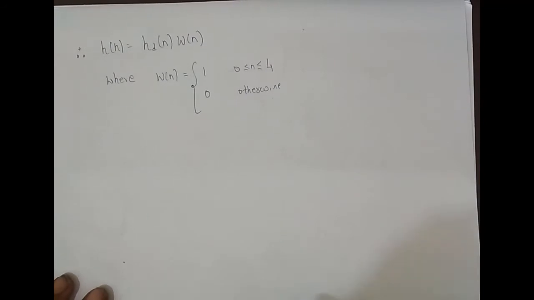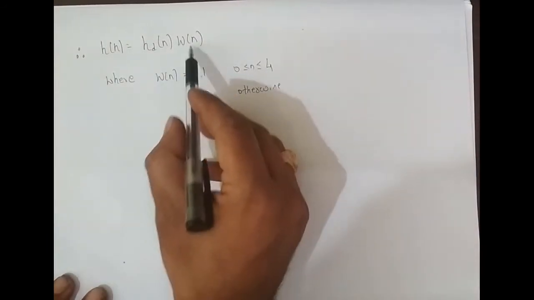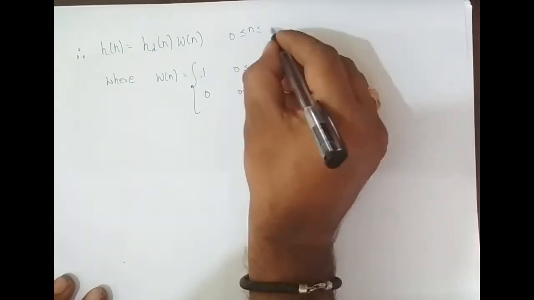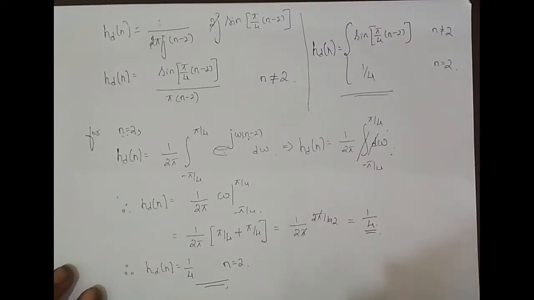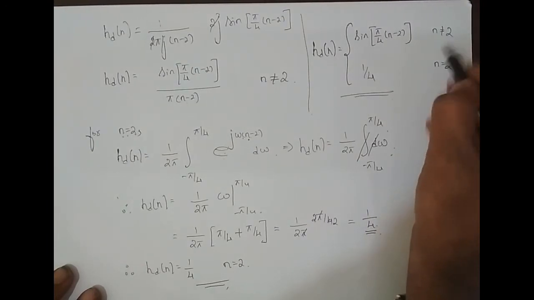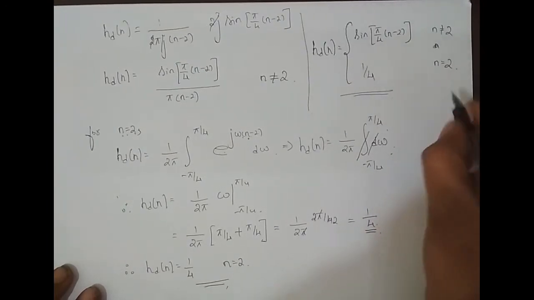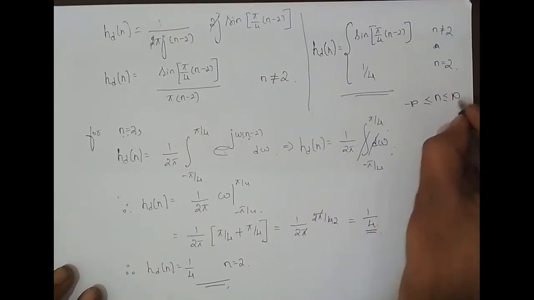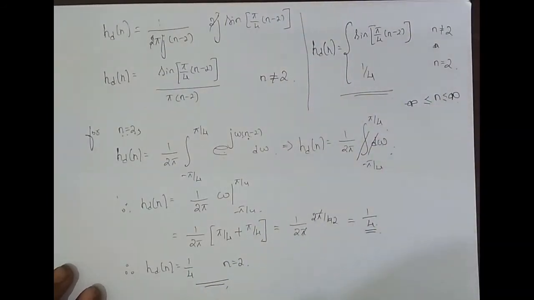Now this is for n not equal to 2 and n equal to 2 also, and here n is infinite in length. So n is varying from minus infinity to infinity.